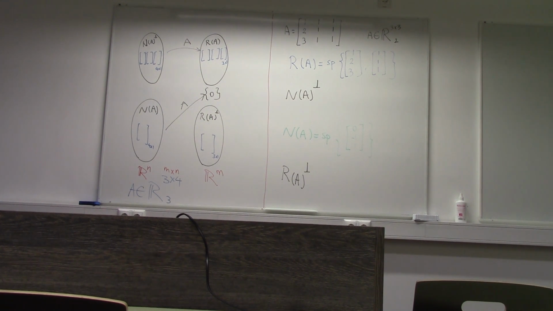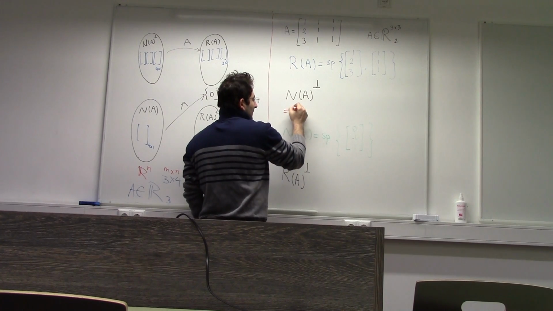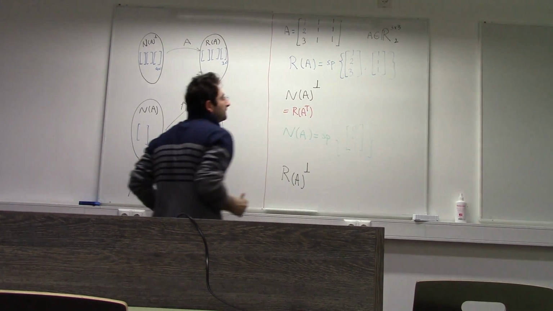In order to find them, we have to come with a set of vectors which can help us to span the space which they do not belong to RA, right? Because they're complement of each other, and it does not belong to NA. So, and it is equivalent to this.